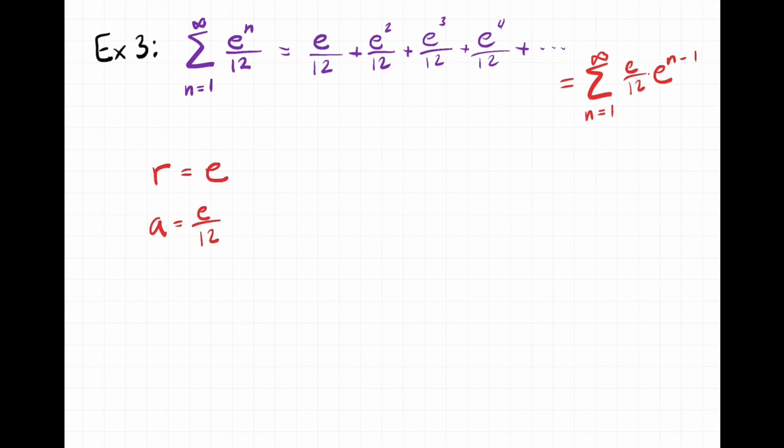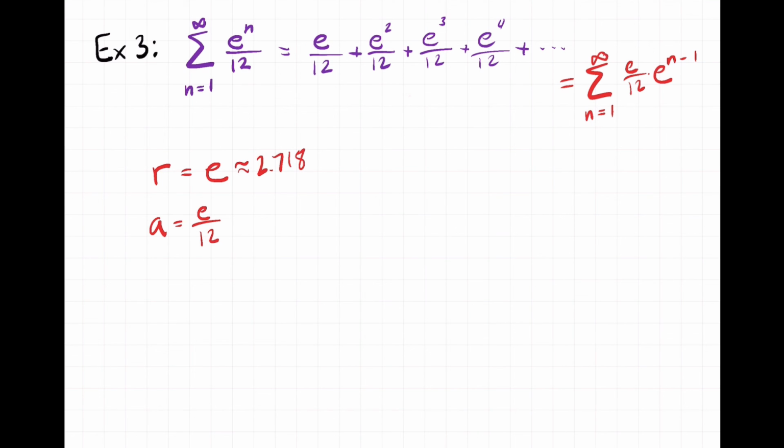For our last series, the sum as n goes from 1 to infinity of e to the n over 12, we worked out, again, this is a geometric series. And our r is e, and our a is e over 12. The problem here is that r is e. We know how big e is. e is approximately 2.718.